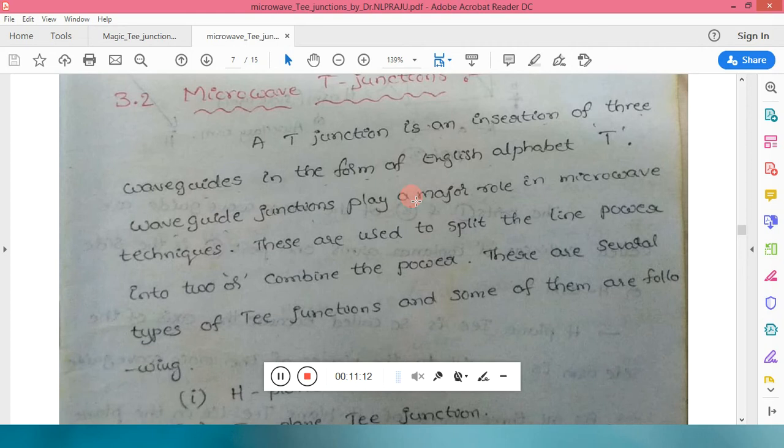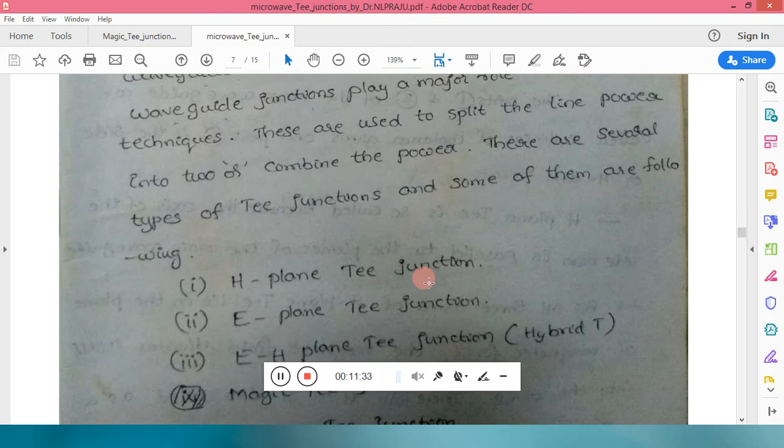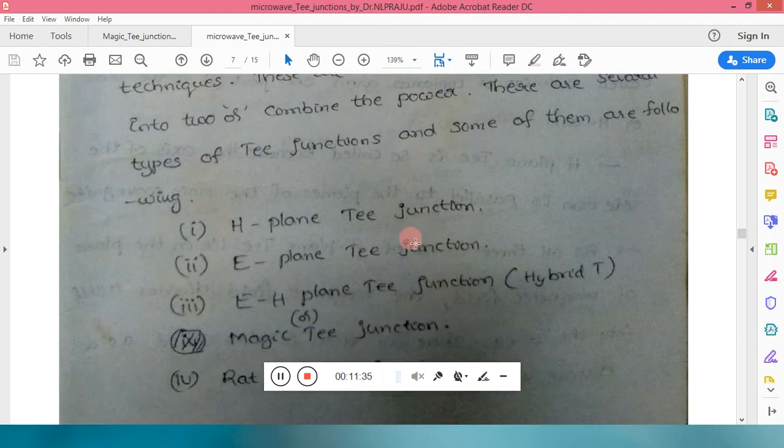These are used to split the power into two or combine the power. There are several types of T junctions, and some of them are the following. These T junctions are utilized to combine the power or to split the power, acting like a junction in normal communication systems.